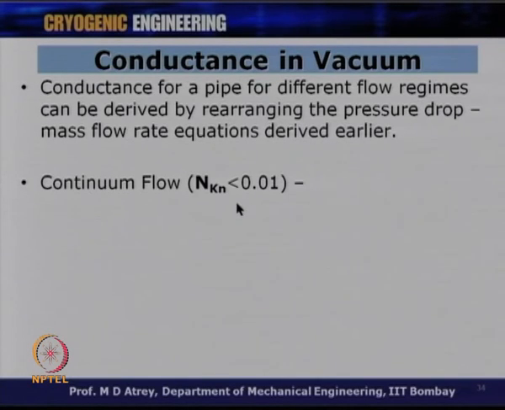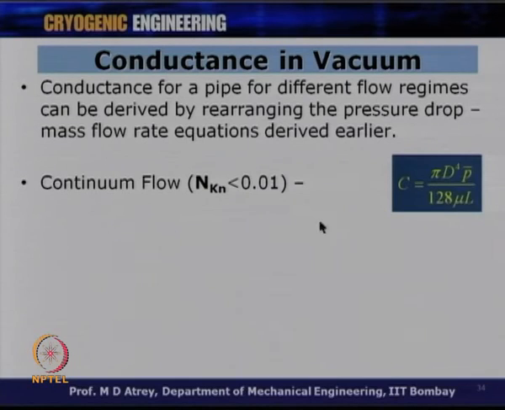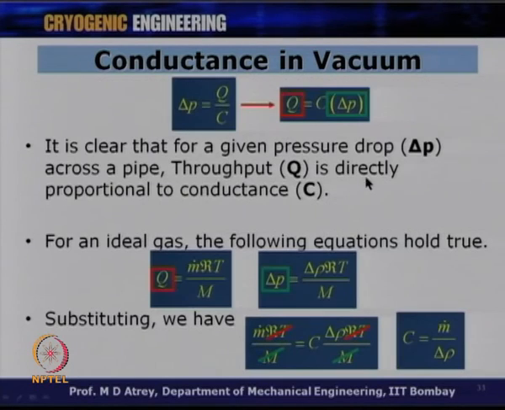For continuum flow now, we will get conductance C is equal to pi into d to the power 4 P, because now we know that from the earlier calculation C is equal to m dot upon delta rho. I will put this into all other equations which we have calculated for m dot for various regimes, just divided by delta rho.